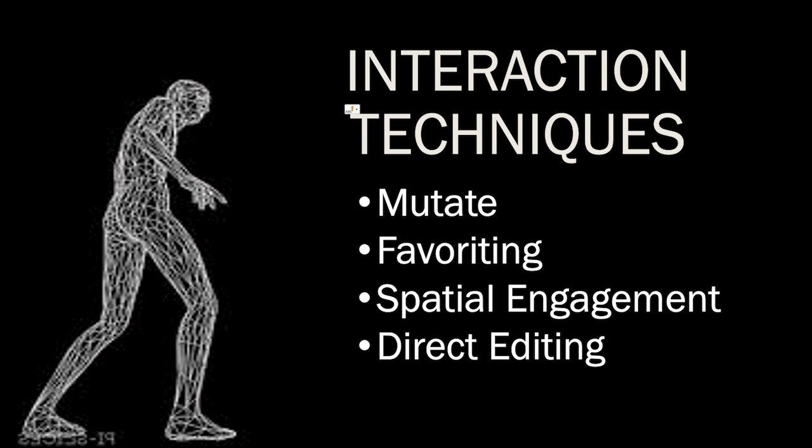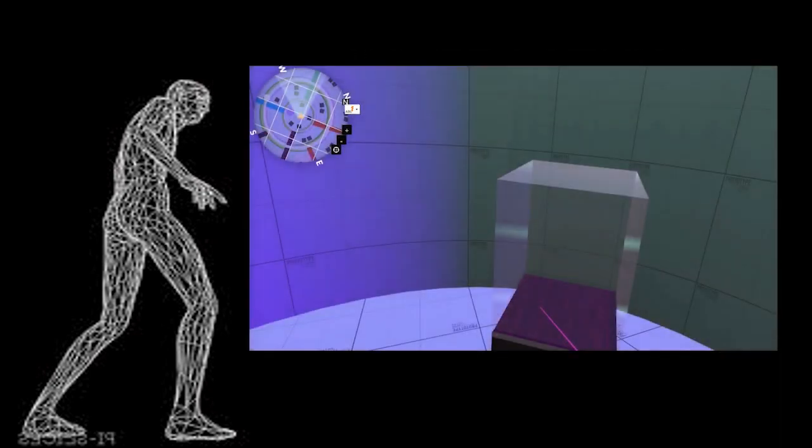Again, due to time constraints, we will not be discussing all of these interaction techniques here, but please see our paper for more details. Let's now quickly walk through our example of direct editing from the beginning of this talk to sketch an intuition for Calliope's expressive powers.